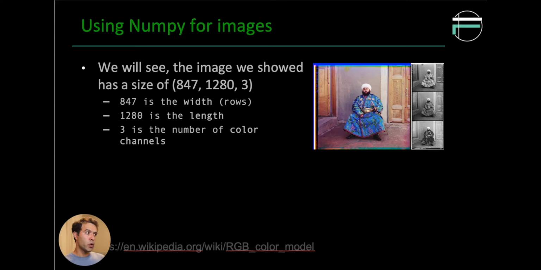Of course, if you look at this image, we might see different numbers because Wikipedia has different resolutions. So when we pick this, we might not see exactly these numbers, but you get the idea.